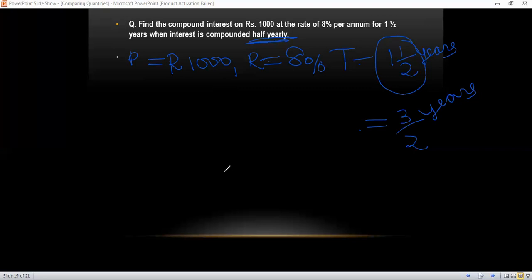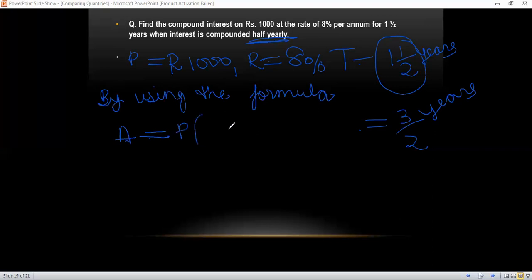Now here we are going to apply the formula. What is the formula for half yearly? Amount is equal to principal into (1 plus R upon 200) to the power 2n.